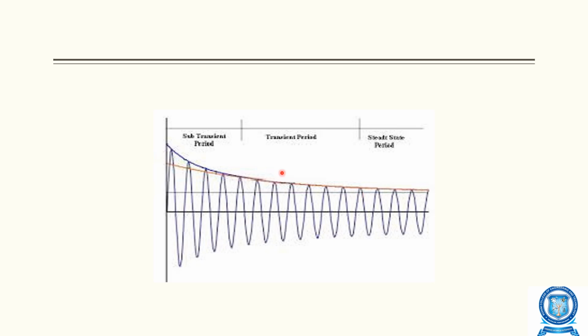So if you compare the two, the transient period is much larger than the sub-transient period, because it goes on up to 30 cycles, whereas the sub-transient period takes only a few cycles. Then the third region is the steady state period. After the transient period, the system is in steady state and is maintained constant.